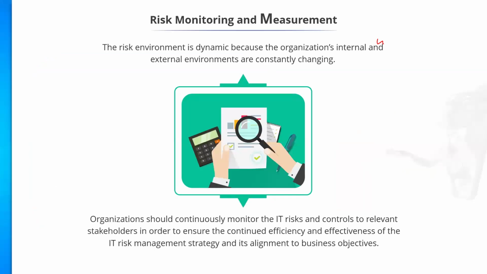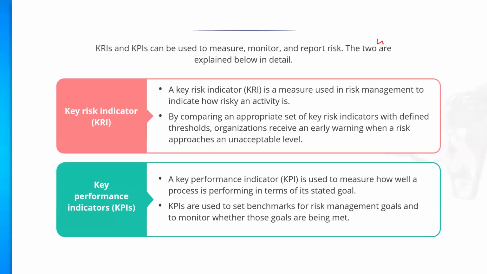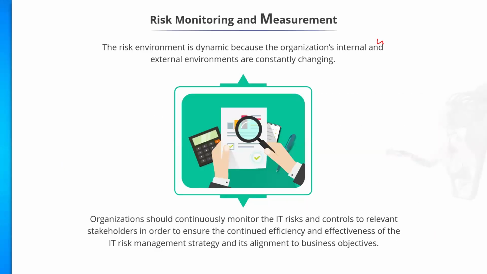Now, next one is risk monitoring and measurement. So that's the fourth step: risk response, monitoring, and measurement. Once you have identified the risk, analyzed and assessed the risk, treated the risk, and created a risk register, now you have to get it measured and monitor it regularly.